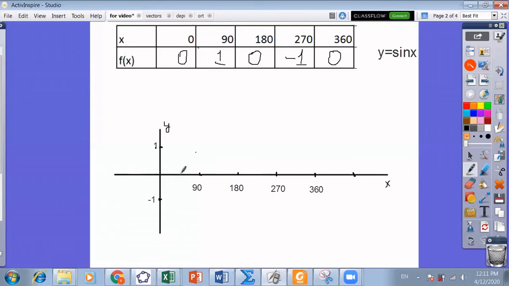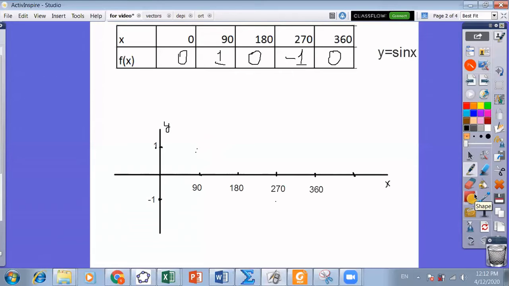Let's go. 0 and 0 is the starting point, the origin of this coordinate system. Then 90 and 1, so I will put a point here, that is this one. Then 180 is somewhere here, no problem with that one. So here is 1 point, and this one. So I will put these points.